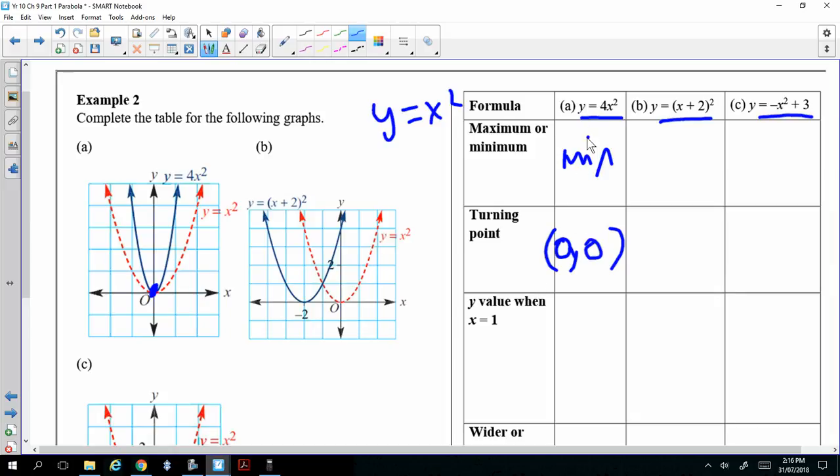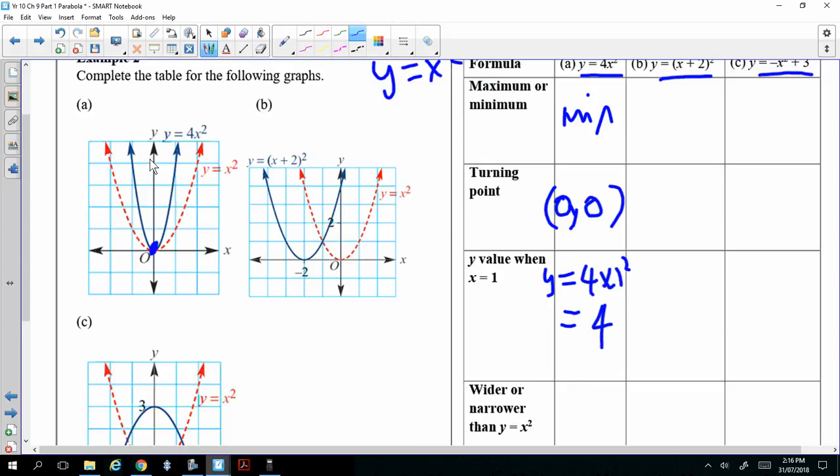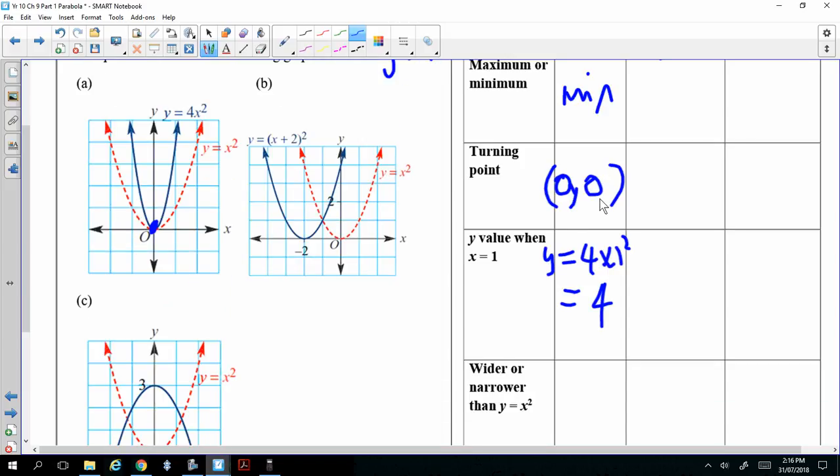What will your answer be? 4. Yes, you get 4. And then the next question is you have to look at it. Is it more narrow or wider compared with the first one? It's more narrow. So when you have a 4 in front of x squared, it makes the parabola more narrow. Okay, done.